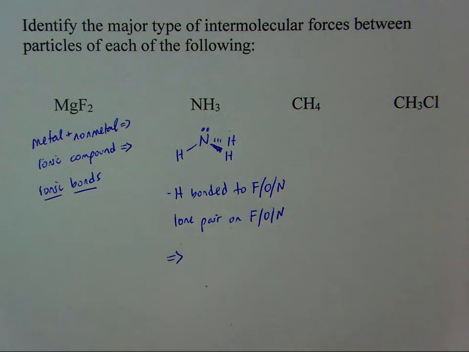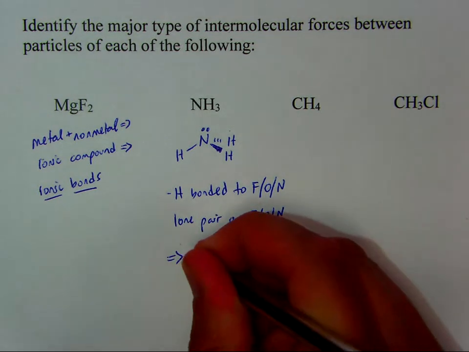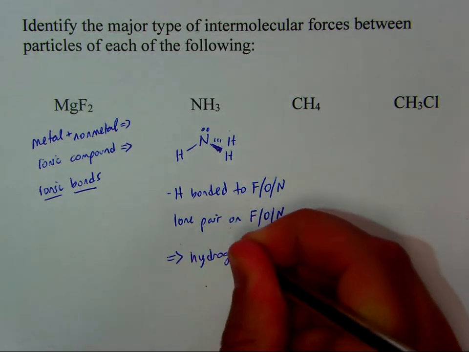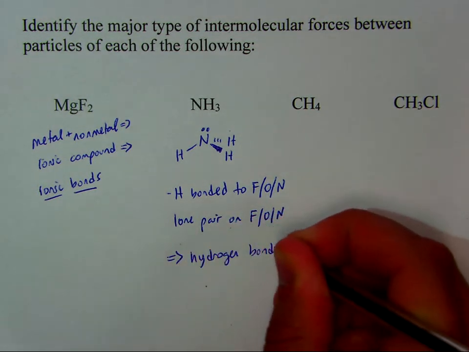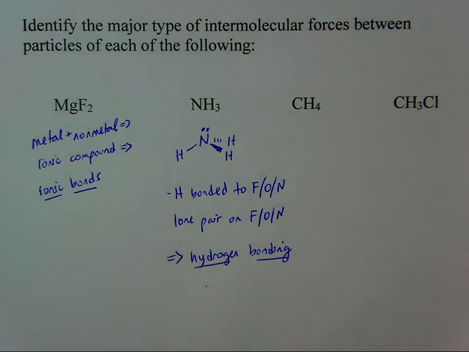Remember, hydrogen bonding does not mean literal covalent bonds with hydrogen. It's a name of an intermolecular force. That's a strong type of dipole-dipole. It's a special thing. When you have these two types of criteria satisfied, that's when you get hydrogen bonding, like here.